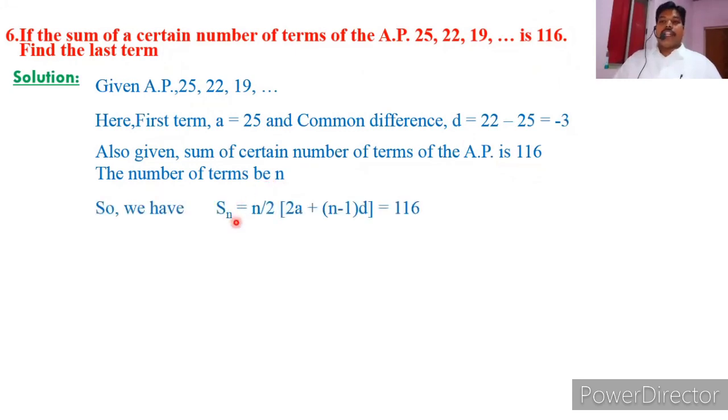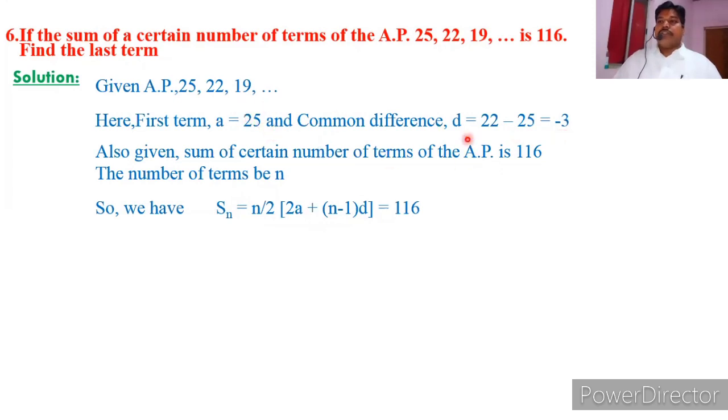So what is the formula you have? Sn is equal to n by 2 into 2a plus n minus 1 into d, and that is equal to 116. You already know that a value is 25 and d value is minus 3.